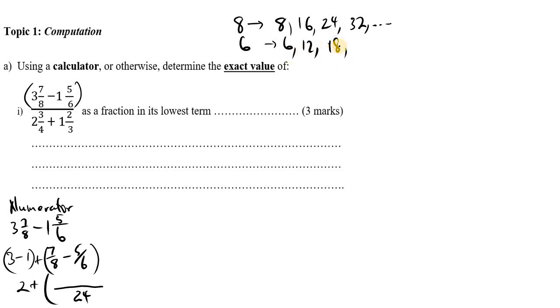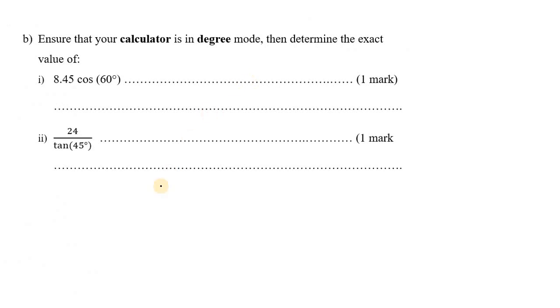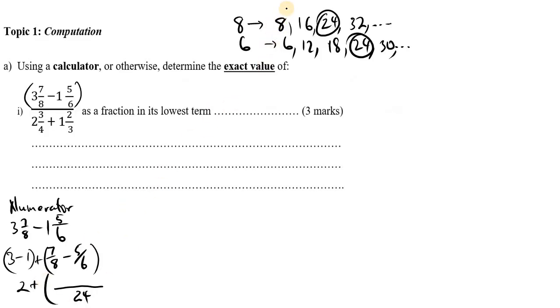As multiples of 6, adding 6 consecutively, no doubt I end up with 24 as a common multiple between 8 and 6. So I'll put 24 down here, then I say 8 goes into 24 3 times, right? 1, 2, 3, so 8 times 3 is 24.